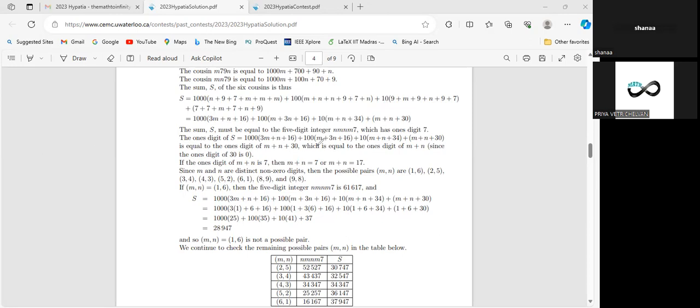Yeah. So here M plus N is equal to 30. So NM7 means 7 is equal to M plus N plus 3, and you're having 30 here.